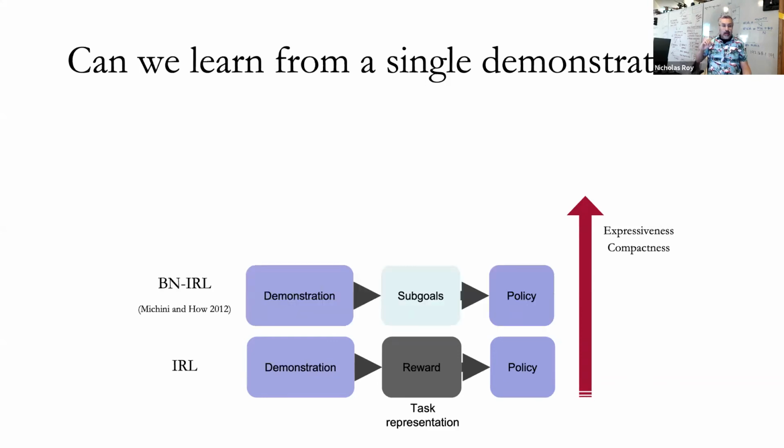About 8 years ago, Buddy Michini and Jonathan How showed that you could drive down the data requirements by using Bayesian non-parametric techniques to infer not a representation of the task as a reward function, but as a representation of the task as sub-goals. And that was very nice because you didn't need quite as much data, but you still needed quite a few demonstrations even to do what Buddy and Jonathan were able to do.